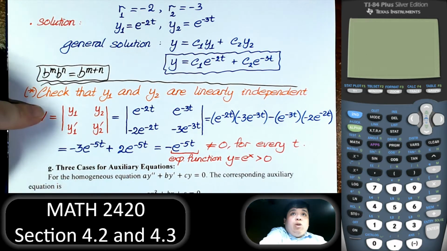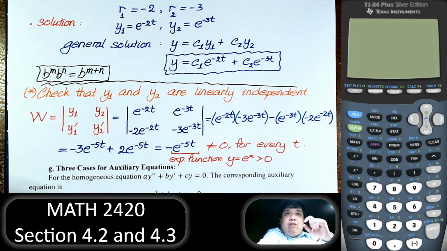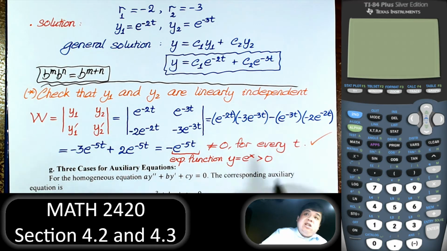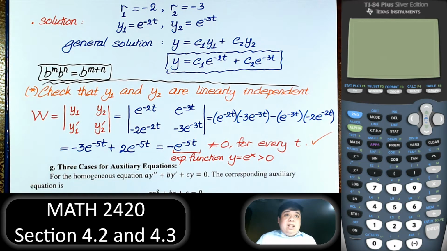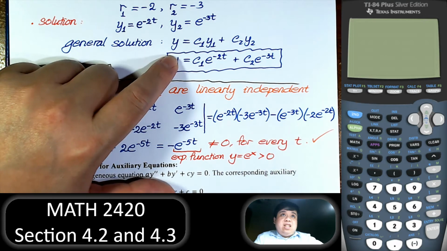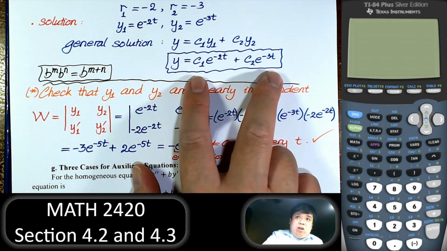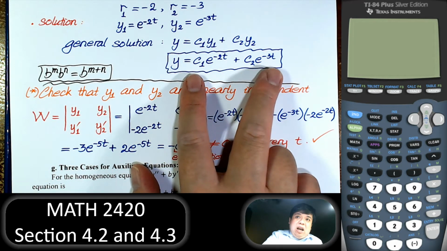Now, if the Wronskian is not equal to 0 for every t, then it is linearly independent. So we check that, and the answer is yes, they are linearly independent. So we can write the solution as a linear combination. Because if they are not linearly independent, one of them is a multiple of the other, meaning that we can just combine like terms.